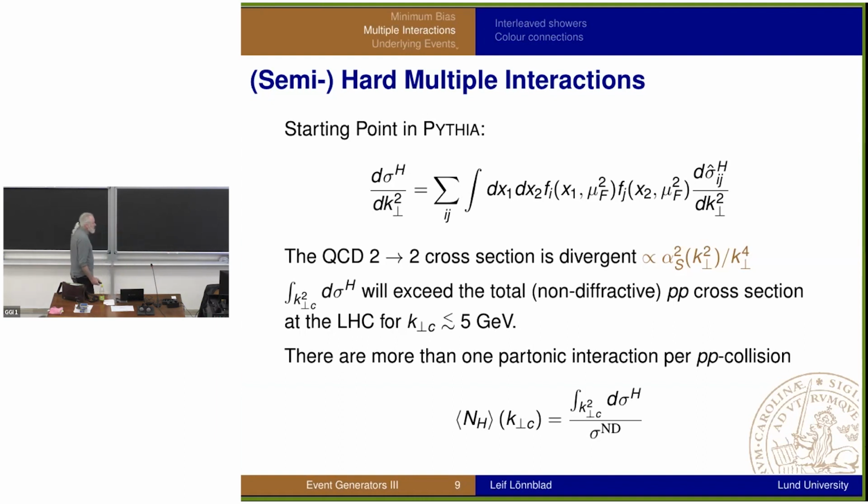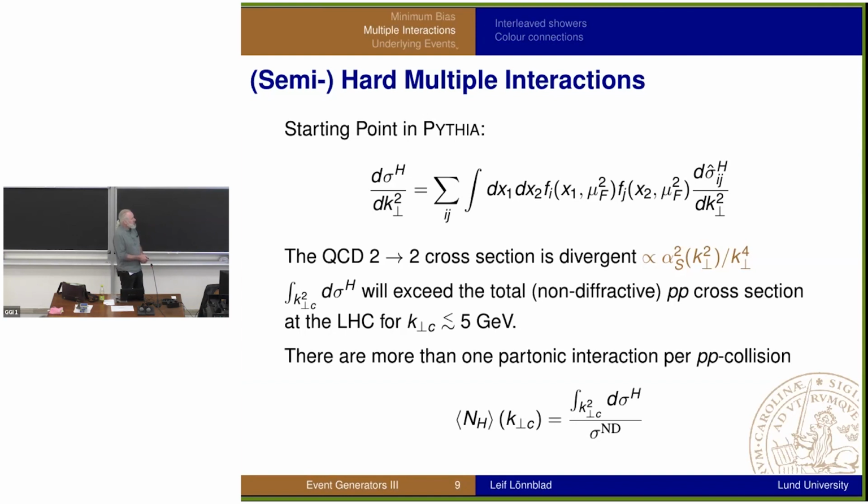So the problem, of course, is that this is divergent, and we interpret that as simply there being more partonic scatterings, more than one partonic scattering in each event. So if you include some cutoffs saying that I'm only interested in jets above some GeV, you will find that this exceeds the total cross-section.